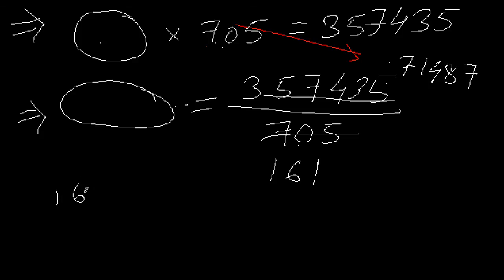So 161, let me multiply with some bigger number, say 7. How much does that come? 7 ones are 7, 7 6s are 42, I have 4 left, 7 ones are 7, 11, 1127.